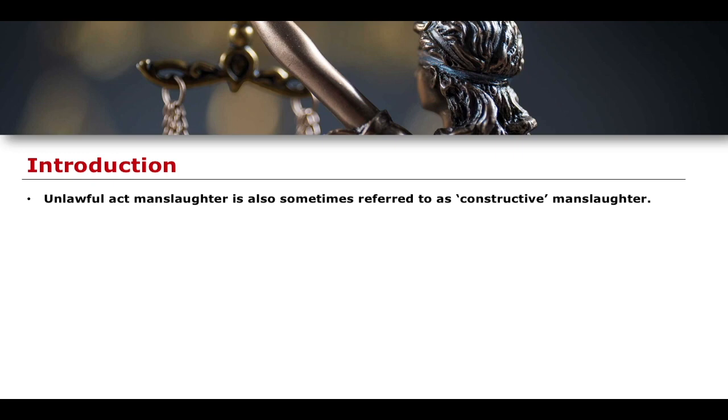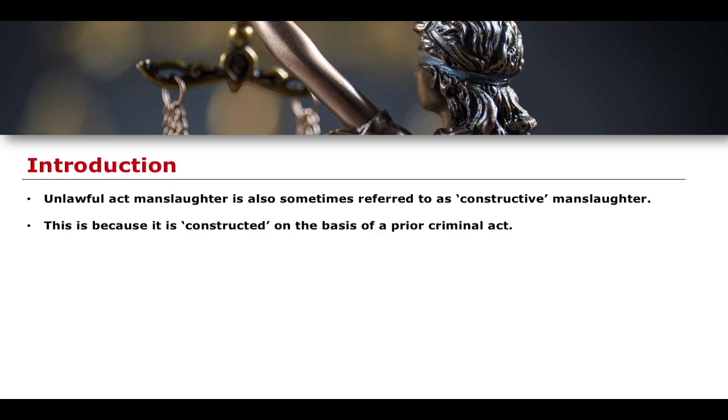For those of you who have studied law at A-level and are coming up to university to study law, you will probably be more familiar with the phrase unlawful act manslaughter. However, there are textbooks that will use the phrase constructive manslaughter. I believe Smith and Hogan use the phrase constructive manslaughter, whereas other textbooks may use unlawful act. They refer to the same thing.